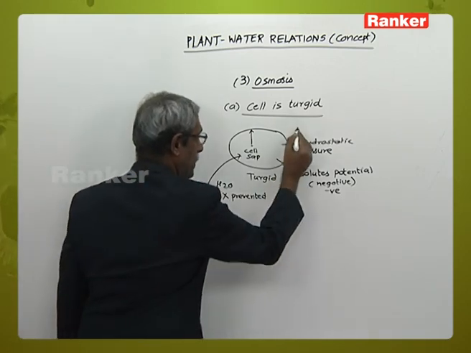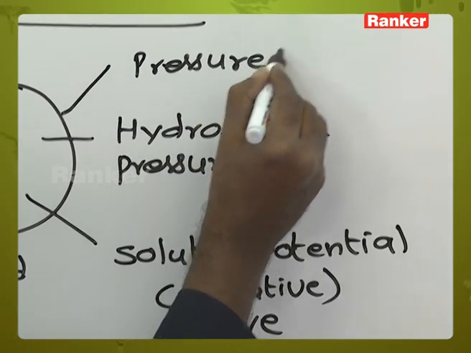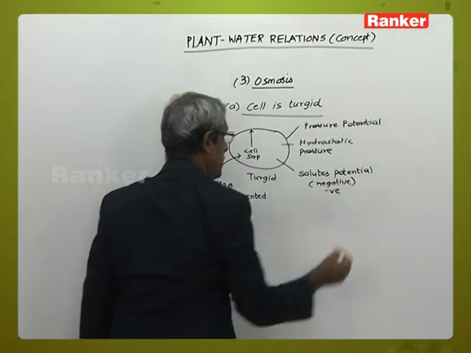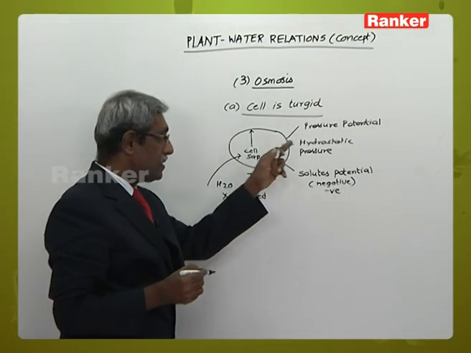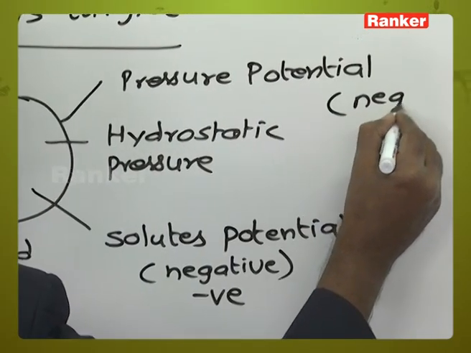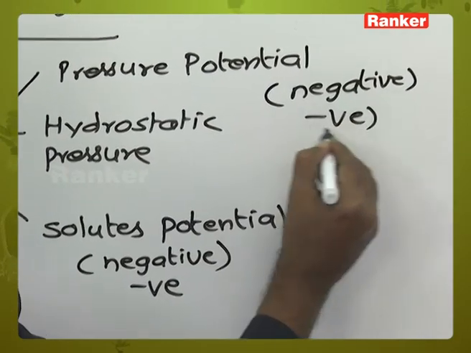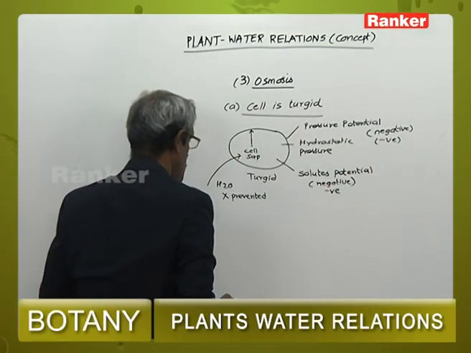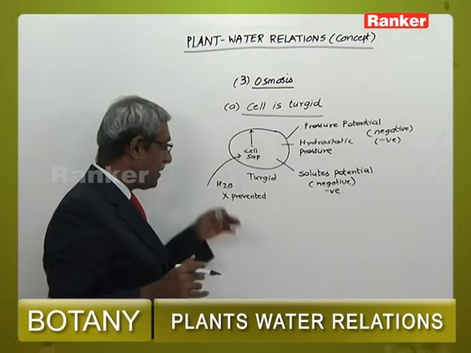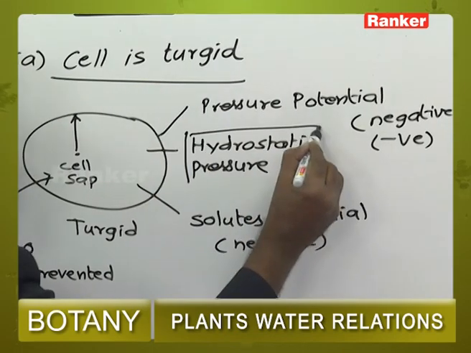The pressure results in the formation of a pressure potential. The pressure potential is due to the presence of the cell wall. So when you take a turgid cell and you place it in water, water is prevented from going in primarily due to hydrostatic pressure.